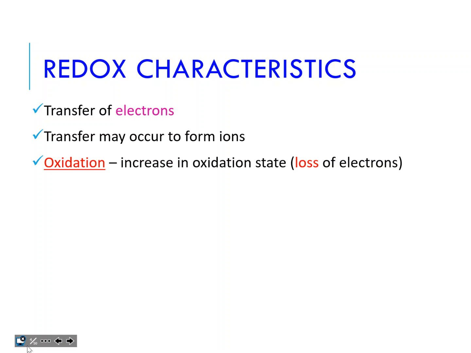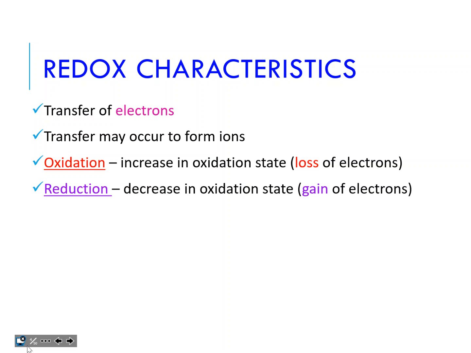In order to do that, you must lose electrons, because electrons by definition are negatively charged particles. So if you lose negatively charged particles, you become more positive. Reduction is a decrease in oxidation state, which is a gain of electrons. You're gaining those negative particles, so your oxidation number is going to decrease or become more negative.